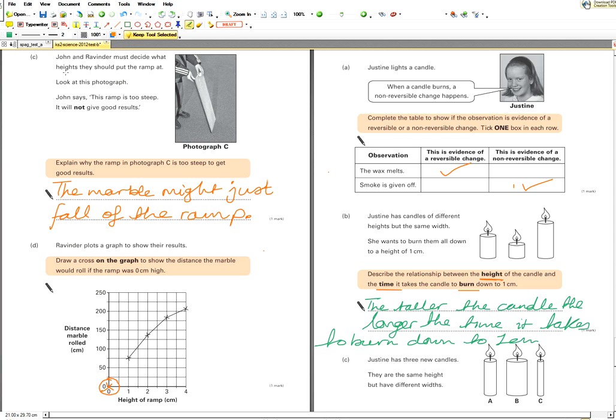Now, if you look in the text there, the key words have been underlined: height, time, and burn. The taller is indicated by the height. So they've mentioned height, time, and burn, and we mentioned all three items in our answer.